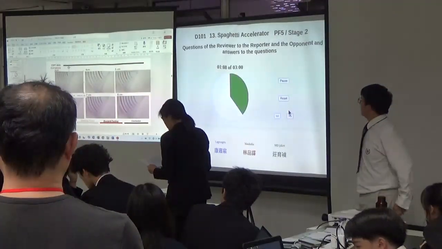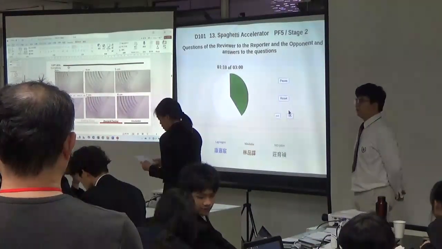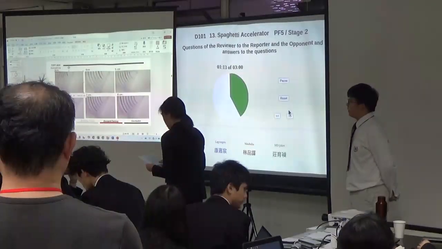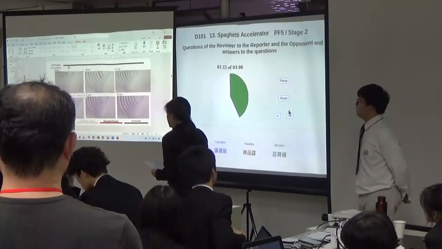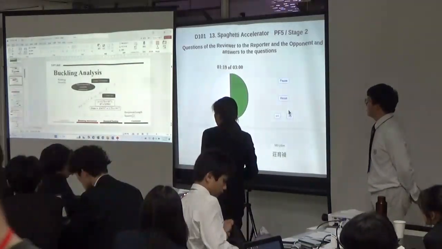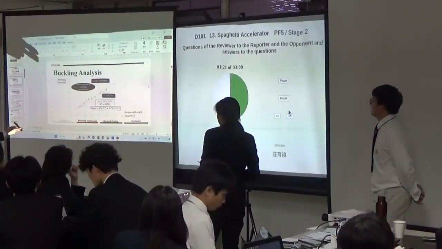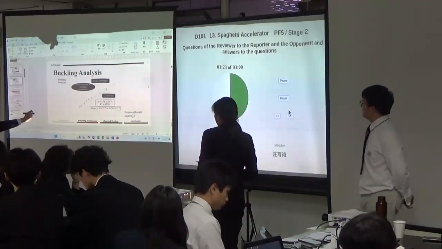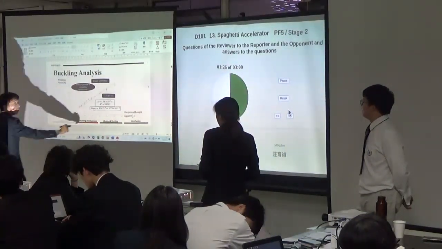And also for the reporter, how do you measure the Young's modulus? We did a curve, and as you can see over here, this E is the Young's modulus.